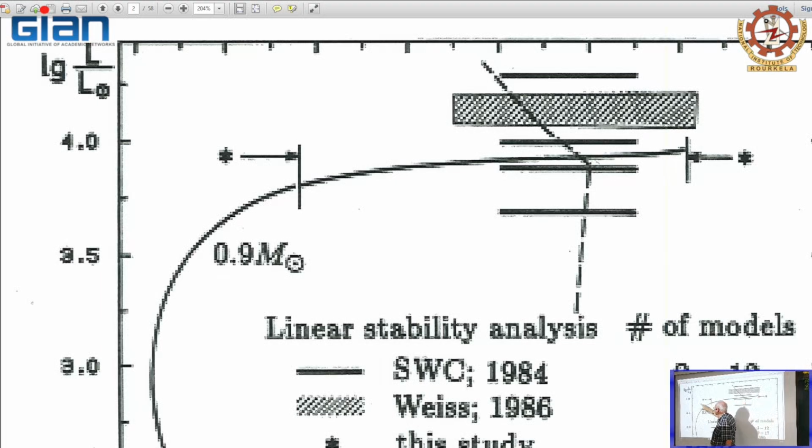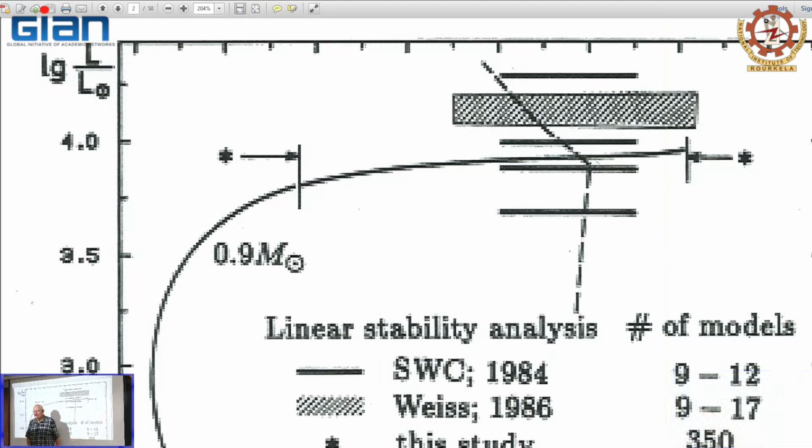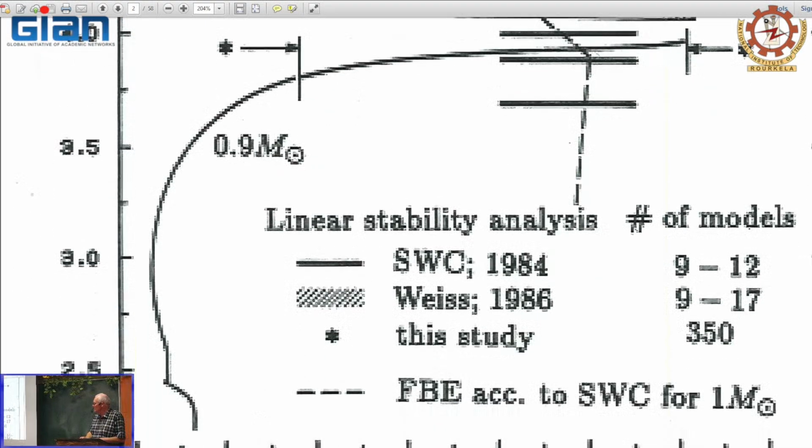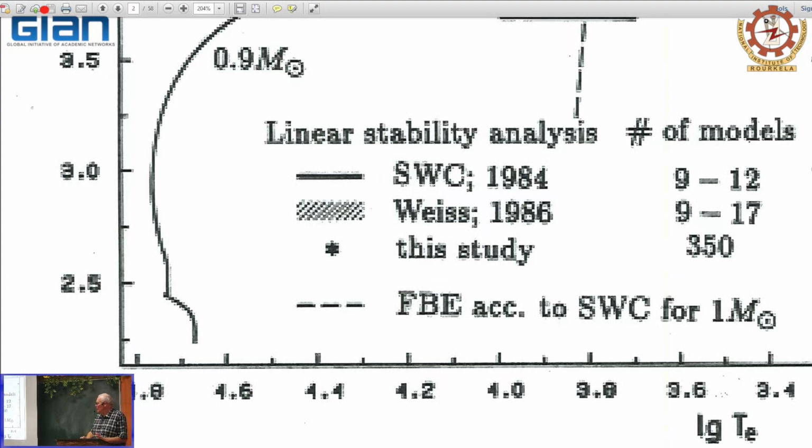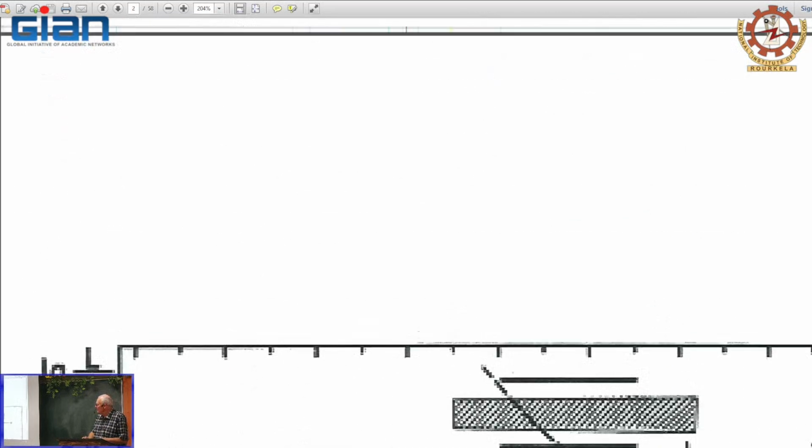You see the luminosity here is around 10 to the 4, and the mass of this object is 0.9 solar mass. So this guy has a pretty high luminosity to mass ratio. These are the models which are considered in the range of, say, 4.3 to 3.6 around log T_eff values.